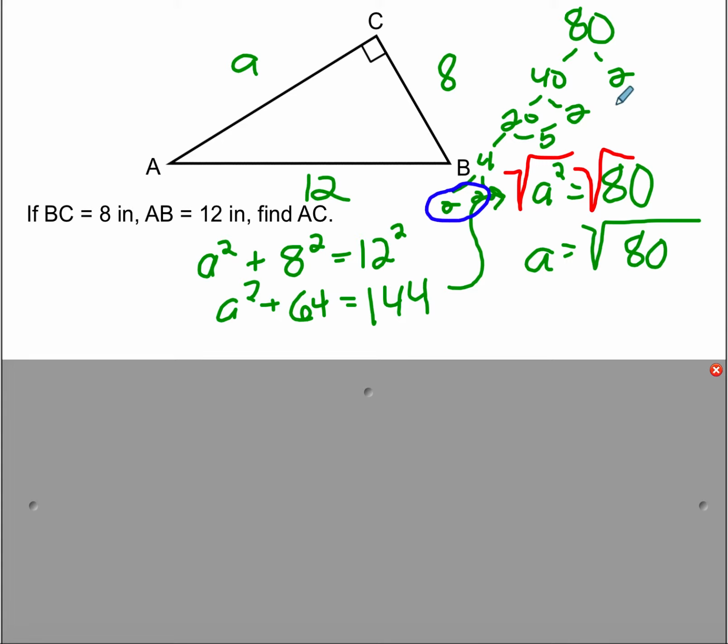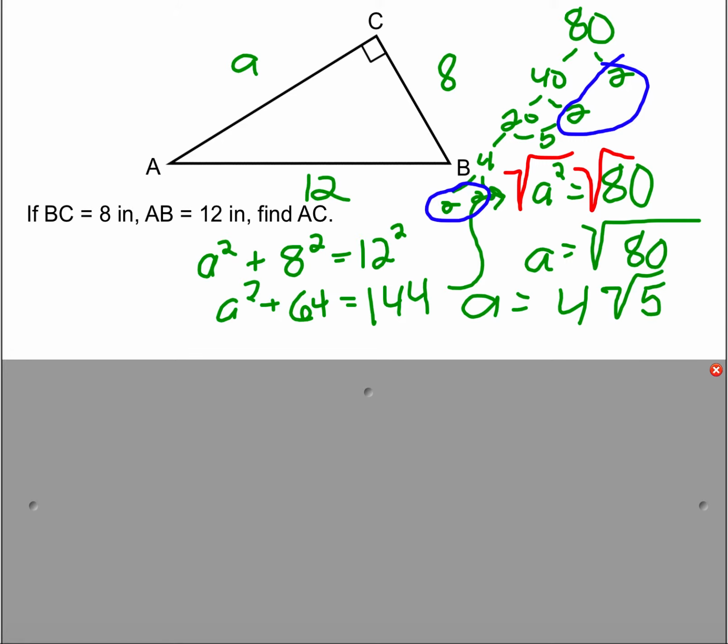I have 2 pairs of 2s, and 1 5 left in. So I would take 2 2s out. Since I have 2 pairs, I'll take 2 2s out. So that would be 2 times 2 root 5, which obviously 2 times 2 can simplify to just 4 root 5. And that would be my answer.